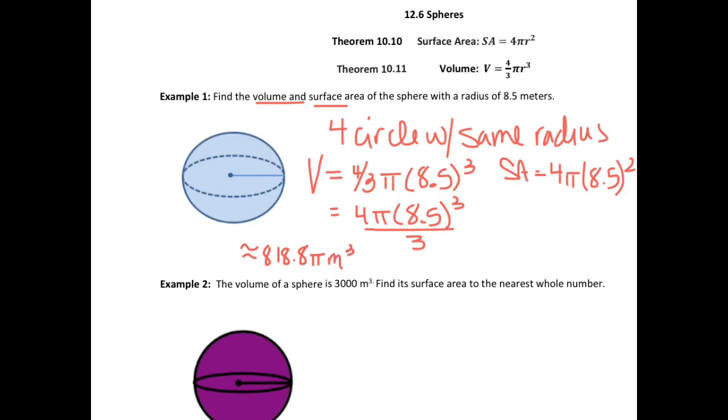If I were to take that and multiply it by pi, I get approximately 2,572.4 meters cubed. All right, so now let's look at the surface area. 4 times 8.5 squared, that's 289 pi meters squared, which is about 907.9.